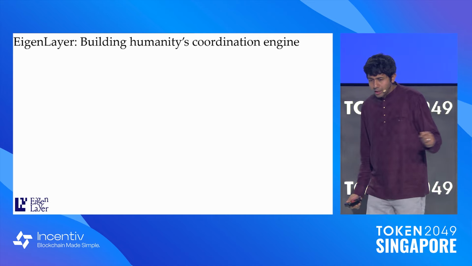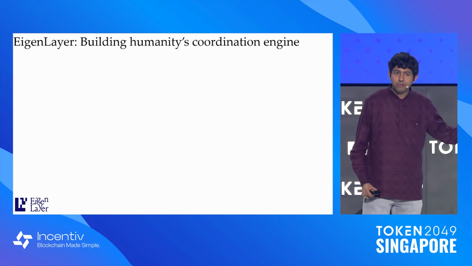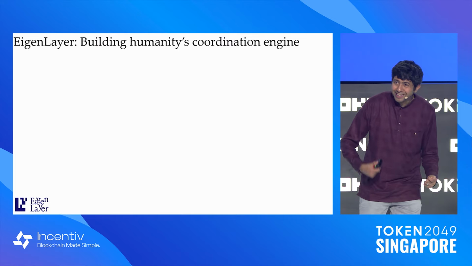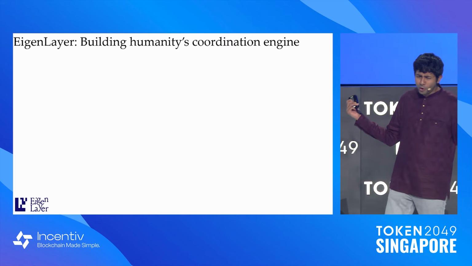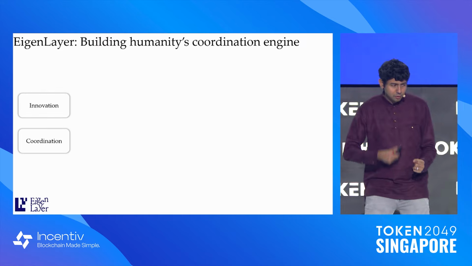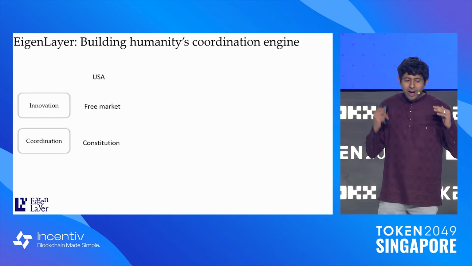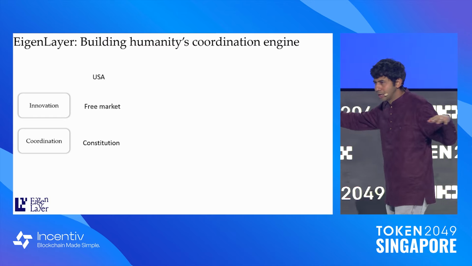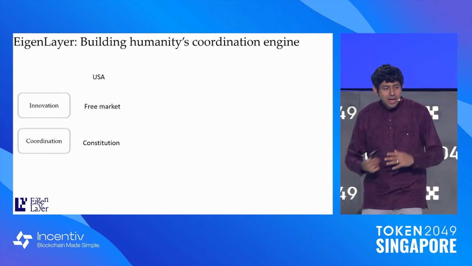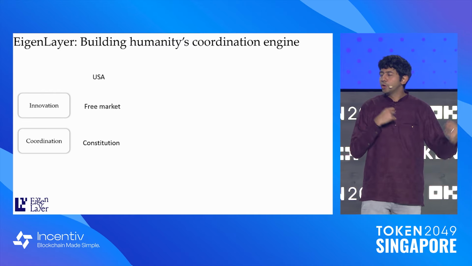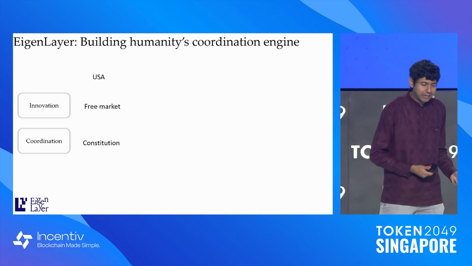Finally, our vision is not just to build a restaking platform. Our vision is to try to build humanity's coordination engine. What do we mean by that? If you look at any successful complex system, take the USA, for example, you have an underlying layer of coordination, like the constitution, like the government. And on top of it, there is a layer of innovation, the free market, where people can create and trade goods and services freely.